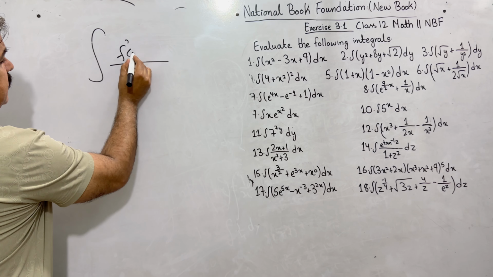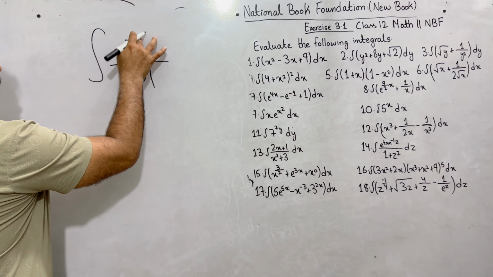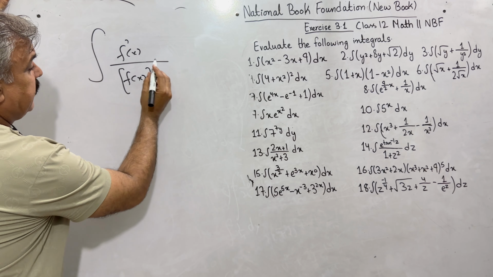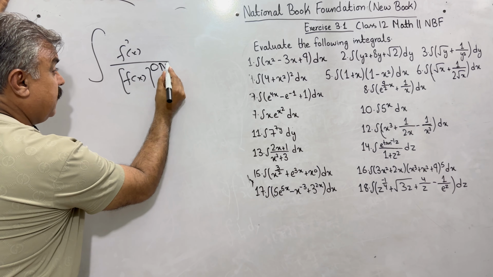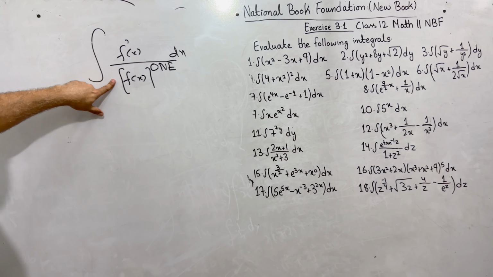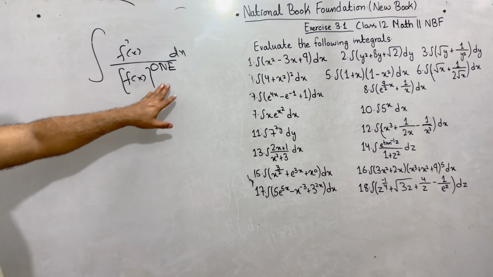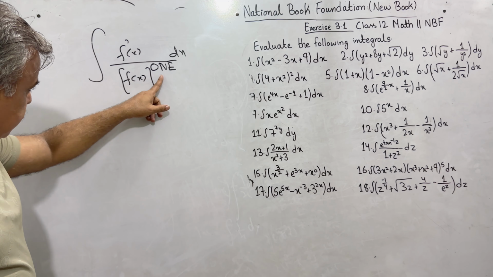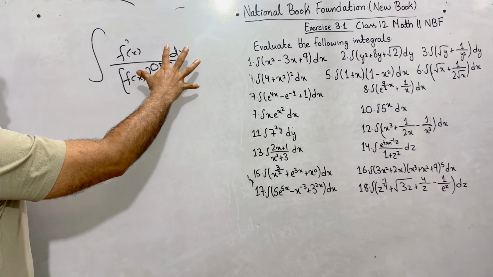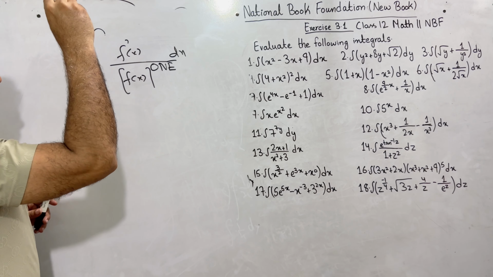If the derivative is in the numerator and the function is in the denominator, having overall power 1. Let me write ONE in block letters: derivative over function, and the function is in the denominator having overall power 1. I have written ONE to strike you, to have a look at this, take care of this.